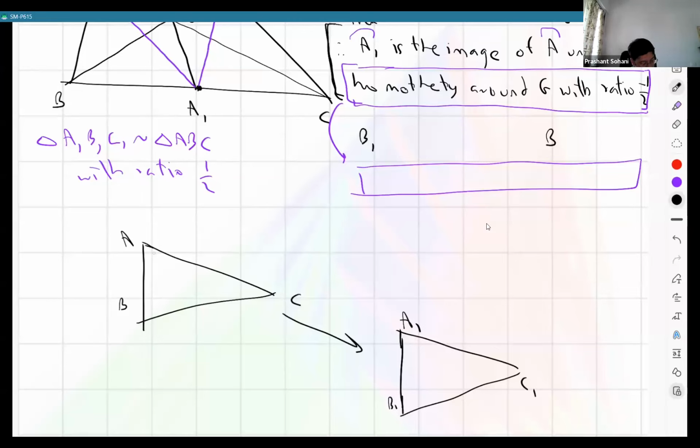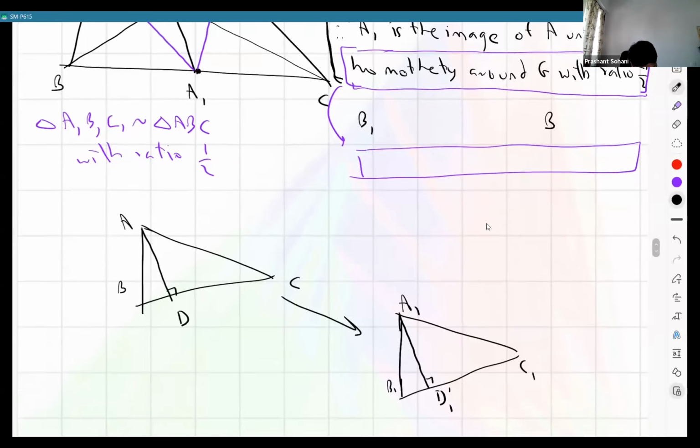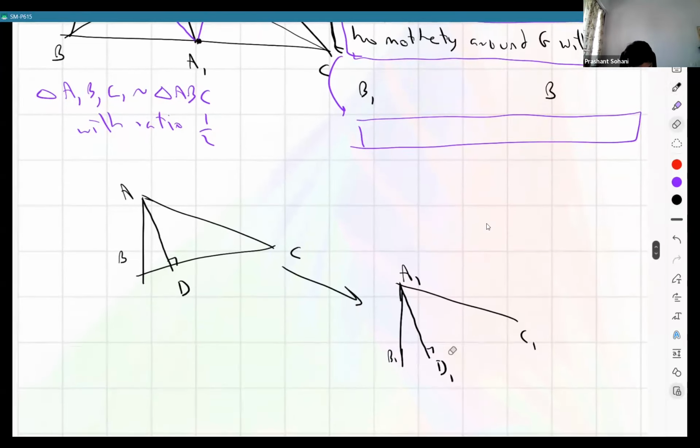Suppose I look at some particular object within ABC, like let us say I drop the altitude. So let us say the foot of the altitude is D. And here also I have dropped the foot of the altitude, D1. So do you see that if I apply the same transformation to D, D is going to go to D1 under the same operation. So whatever is the connection of A to A1, the same is going to be the connection of D to D1.